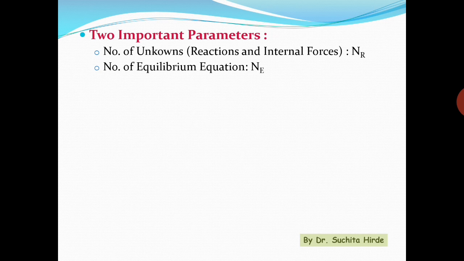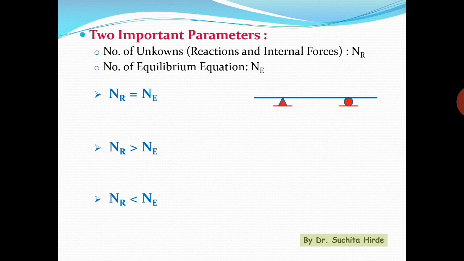So there can be three cases from this. The first case is when Nr is equal to Ne. The second case is Nr greater than Ne, and there can be Nr less than Ne. So let us see the first case when Nr is equal to Ne.